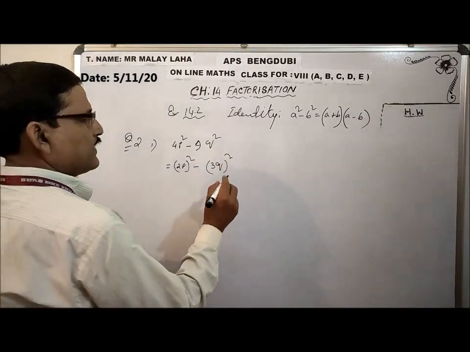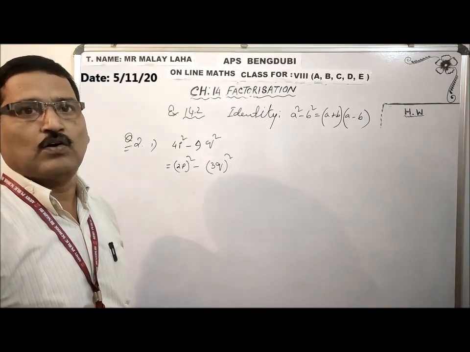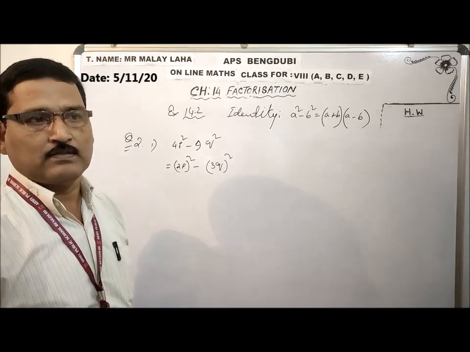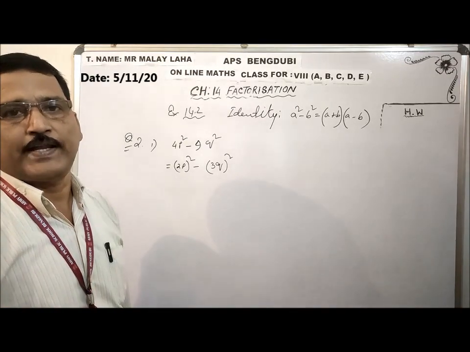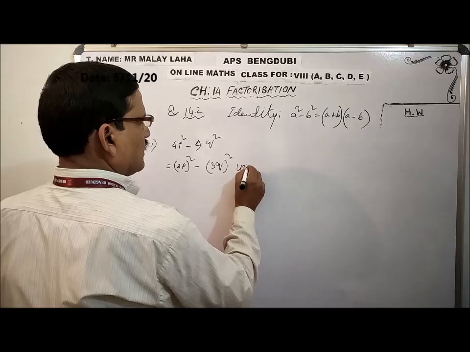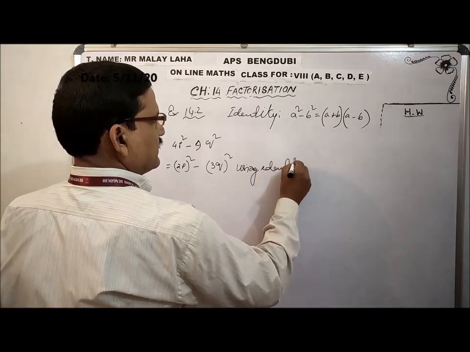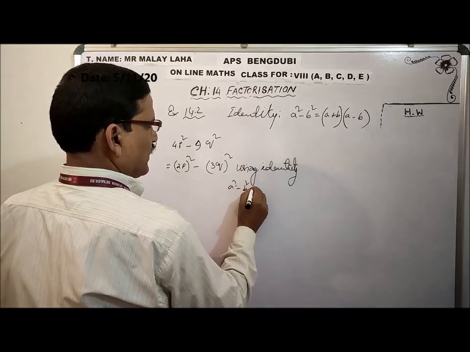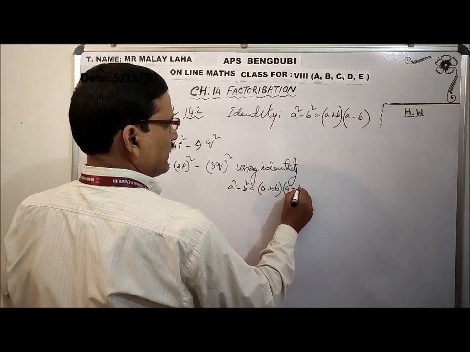After that, on the side you write the identity. It is not essential or mandatory that you write it every time, but I am telling you to write it because if you write it every time, you will memorize that particular identity and never forget. Using the identity a square minus b square is equal to a plus b into a minus b.